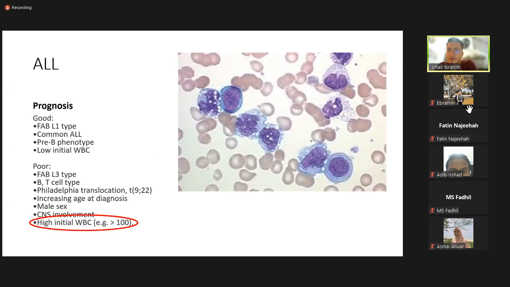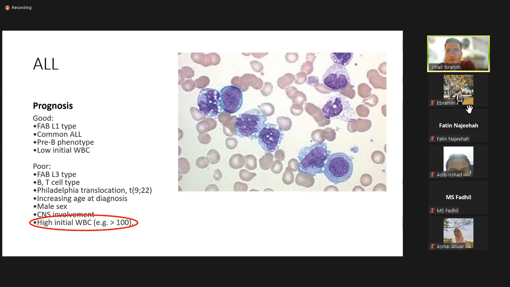Now the first main hematological malignancy, we have quite a few patients in the hospital at the moment in IM3 with acute lymphoblastic leukemia. As we all understand, there are two main ways of classifying leukemia.